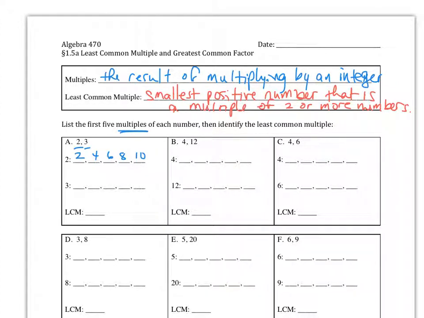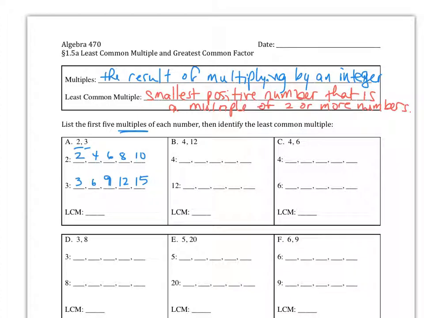And now I'm going to do the same thing with the 3. 3 times 1 is 3, 3 times 2 is 6, 3 times 3 is 9, 3 times 4 is 12, 3 times 5 is 15. All right, so now, taking our definition of least common multiple, what's the smallest number that is a multiple of both 2 and 3?